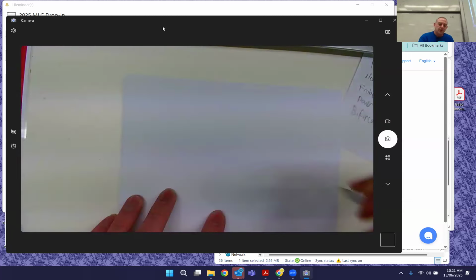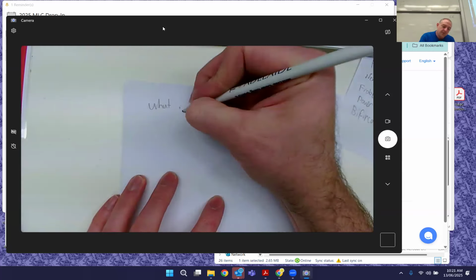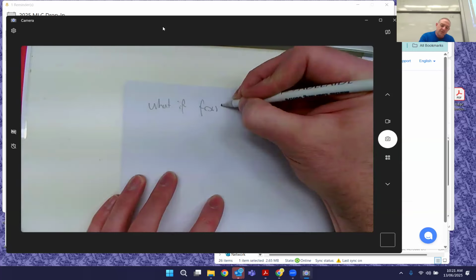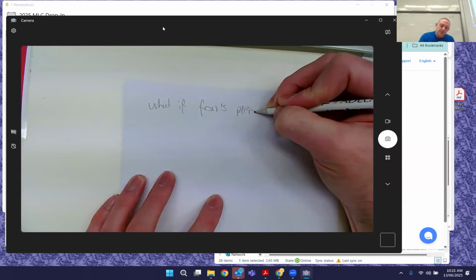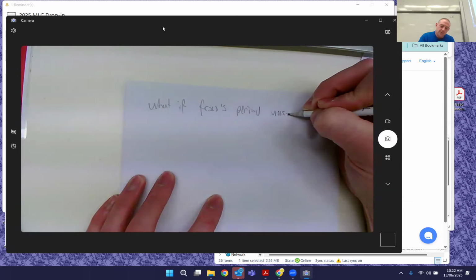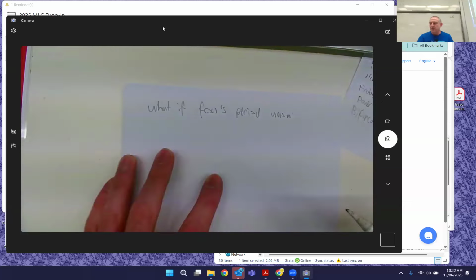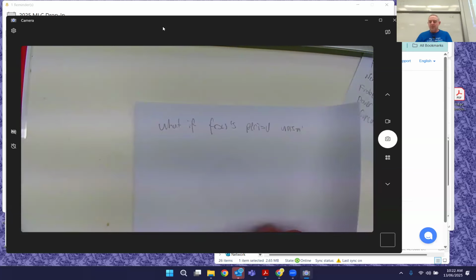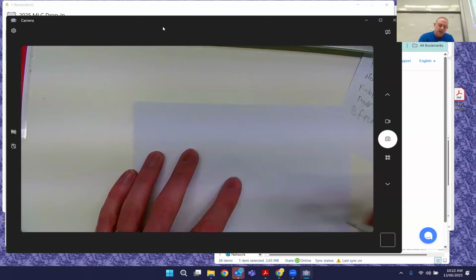So if the domain of f of x was less than the period of the sine thing that you want, that's okay. We can fix that. Just give me a second. I'm happy to sacrifice the whole piece of paper for that.